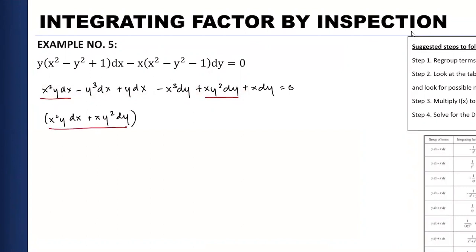Okay, next we have y dx. Okay, so look for a y dx. So this is also y dx. This is x cubed dy, x dy. Okay, so where do you think we can combine this term?